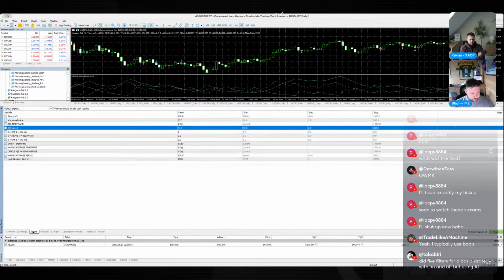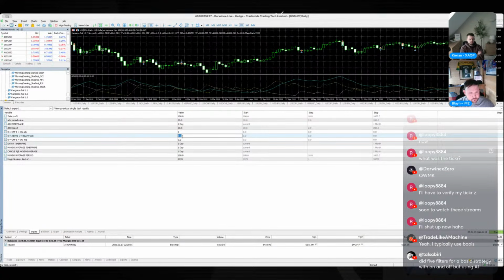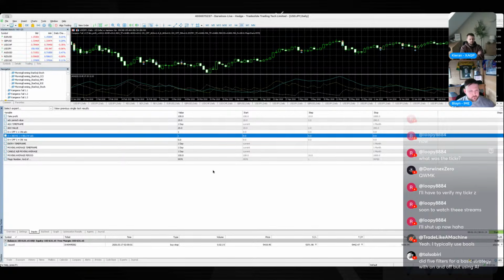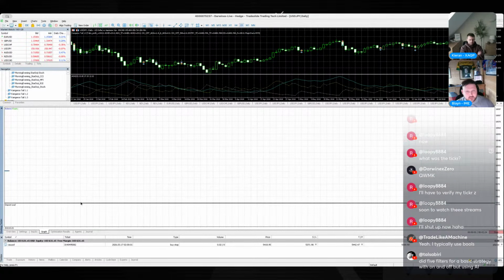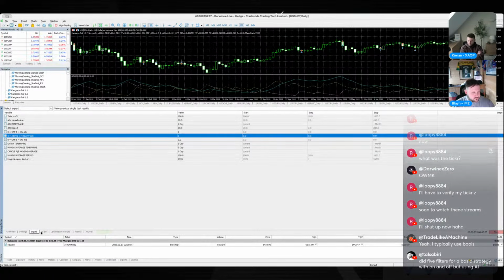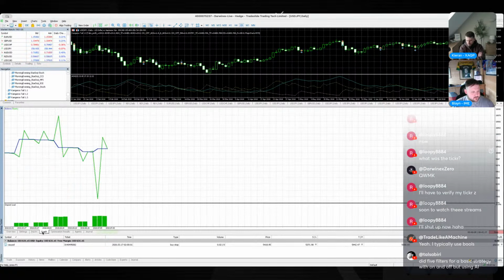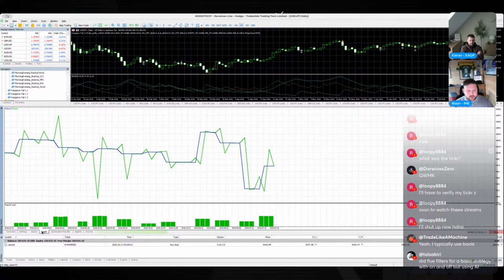So what could be quite interesting is maybe we go below. And we might see a much better result. Again, nothing's optimized. This is purely just to show how you can create on-off switches and to show you that they actually work.